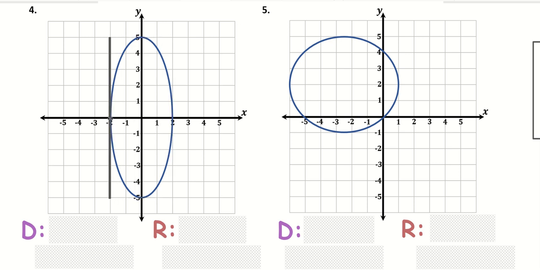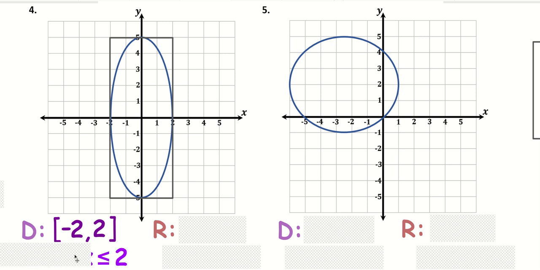So from its smallest x value to its largest x value, its left to right coverage. So you would say for all x's from -2 all the way to +2 are utilized on this graph.